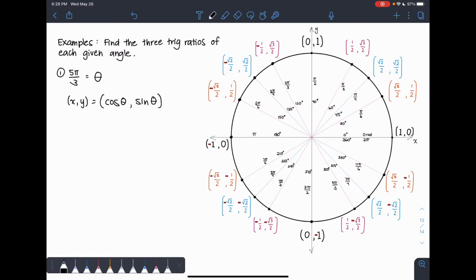So if we look at the angle 5 pi over 3, on our unit circle, 5 pi over 3 is all the way down here. Now our focus is on this point. The point that associates with 5 pi over 3 is 1/2 comma negative root 3 over 2.